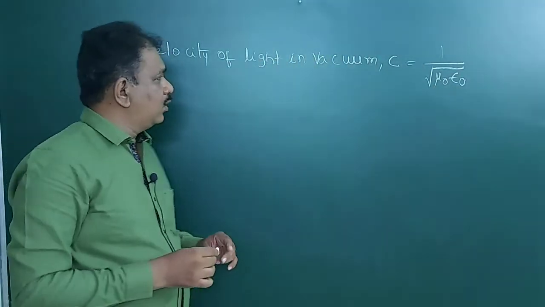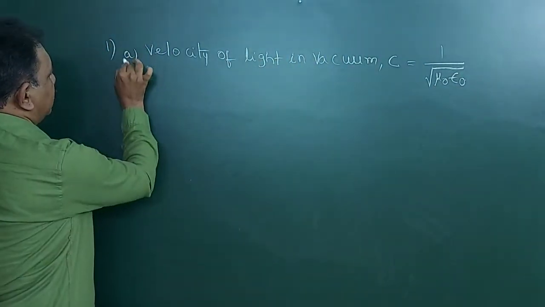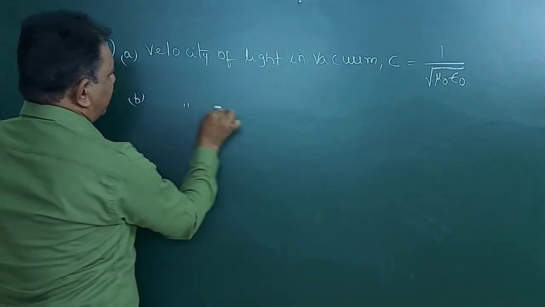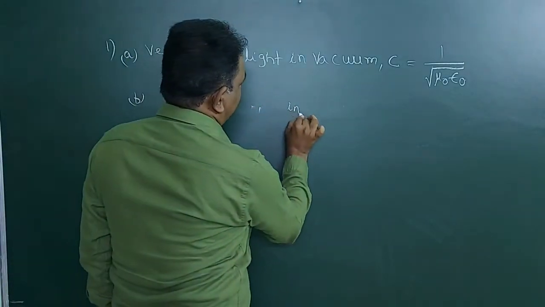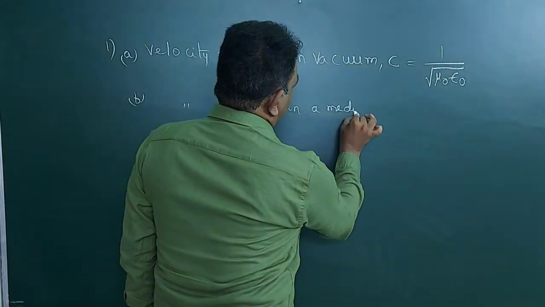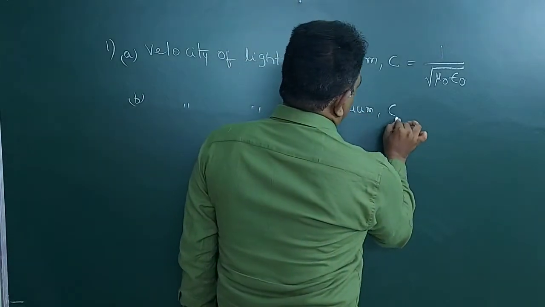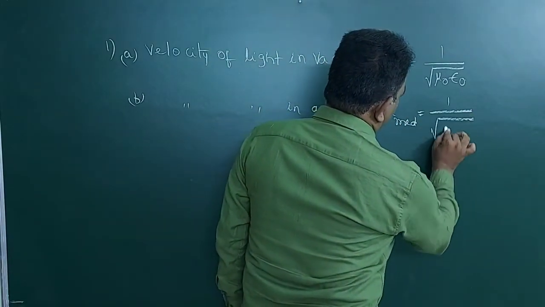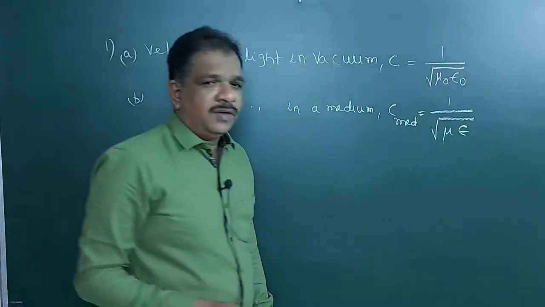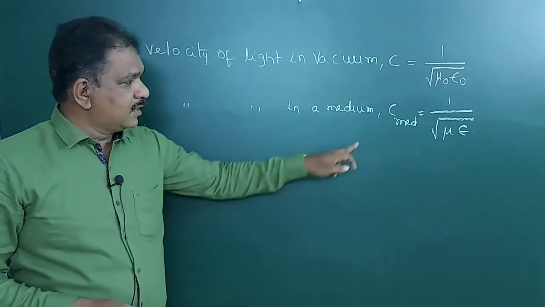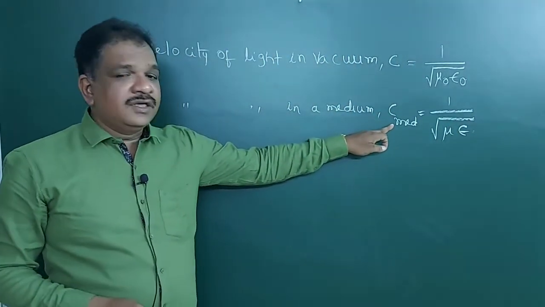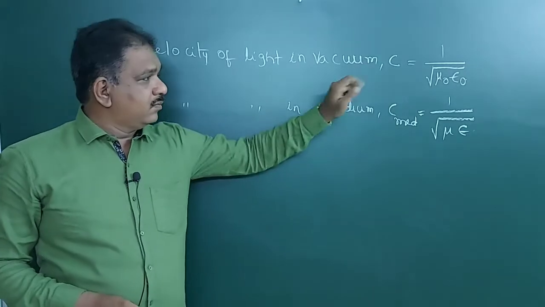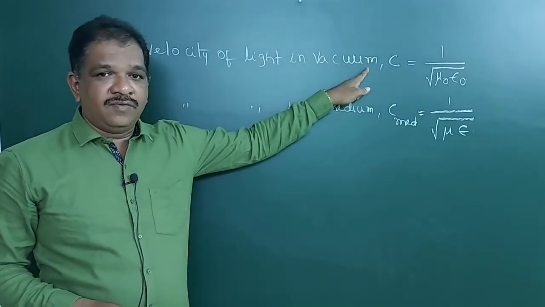That is the formula. Next, velocity of light in a medium, C medium is equal to 1 by square root of mu epsilon. Okay, this is the formula for velocity of light in the medium. This is the velocity of light in vacuum.